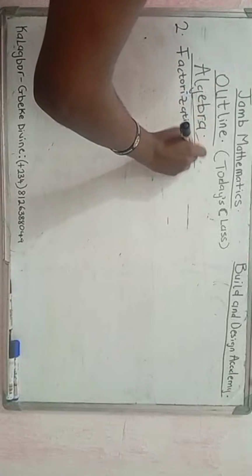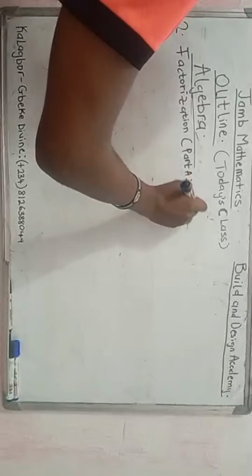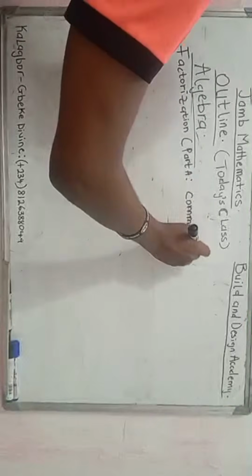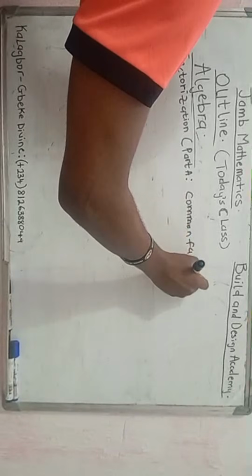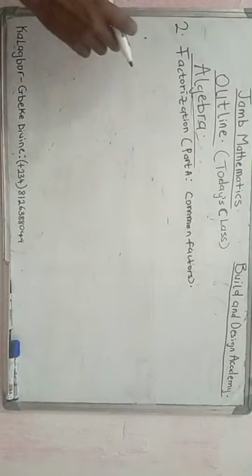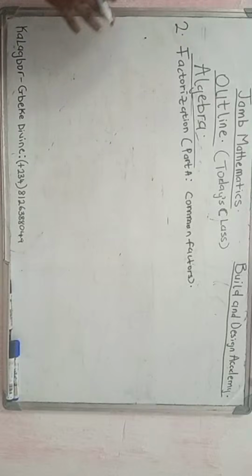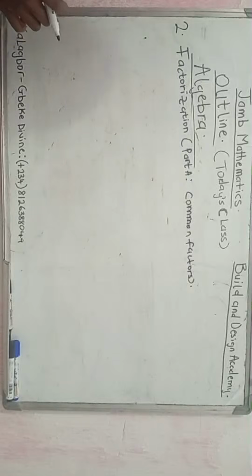So look at part A of factorization, which is called common factors. Now take note, factorization is the reverse of expansion. It is the process of breaking and expressing.